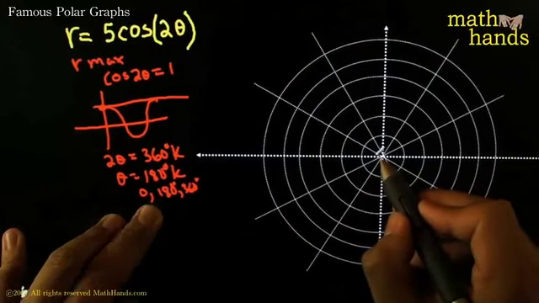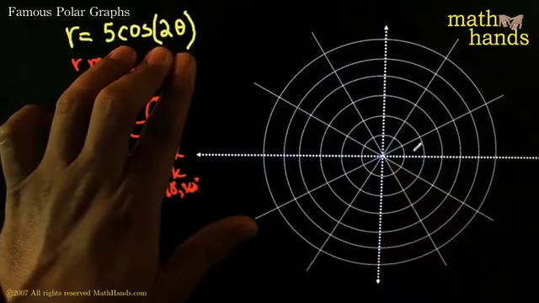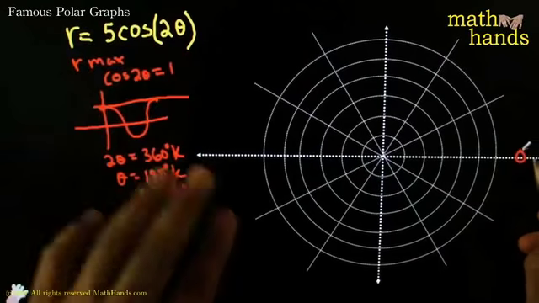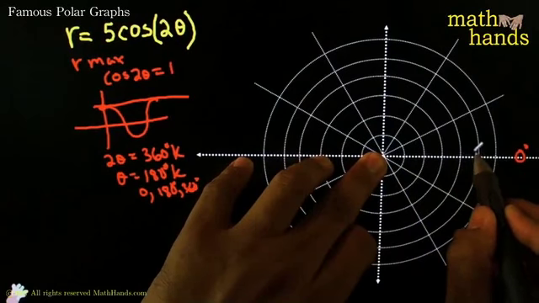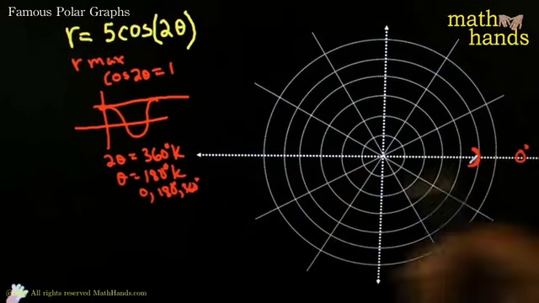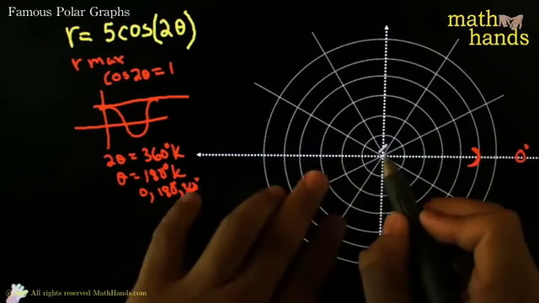So let's go with 0. If you look at 0, this becomes 1, so that becomes 5. So in the 0 degrees direction, you go 5. 1, 2, 3, 4, 5. There's got to be a tip of a petal right there. Plus multiples of 180. So if I add 180, I'm at 180.